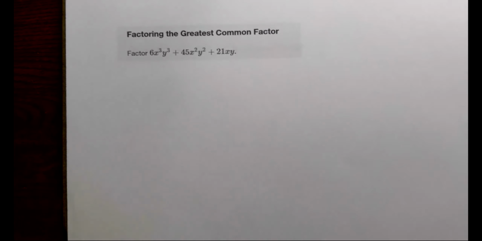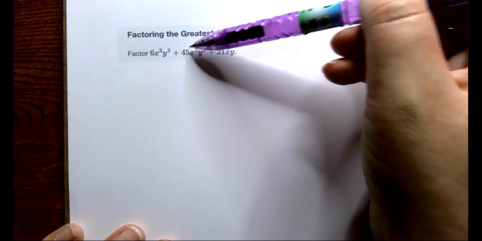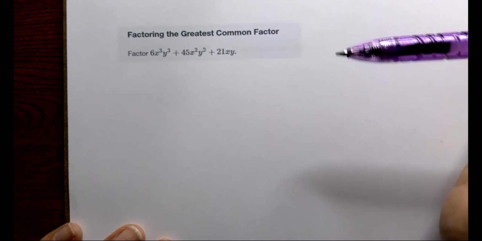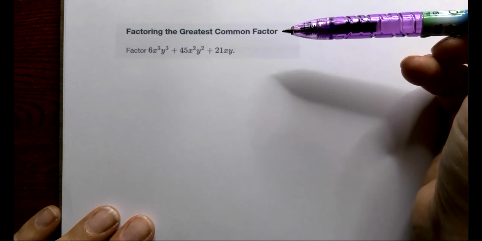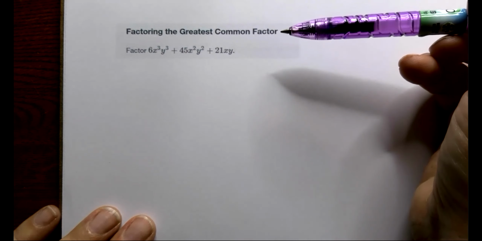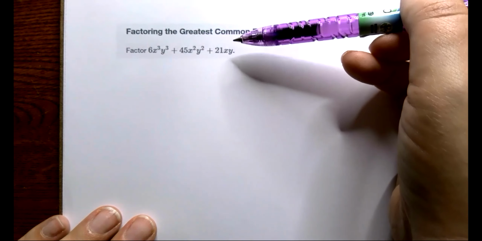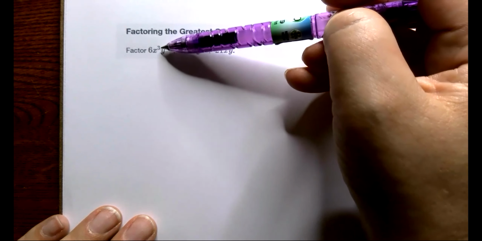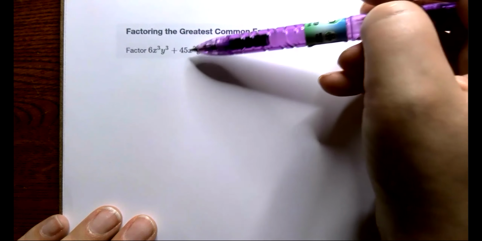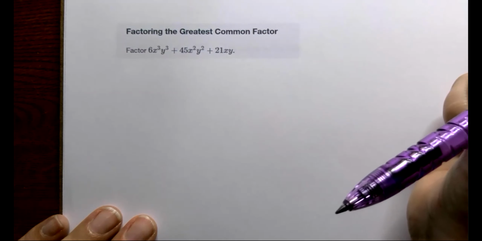So here we're looking at a polynomial, and if you count the terms, there's three terms, but the first thing that we need to check for is a common factor. And most people can just look at the terms and say, okay, yes, each one has an x term, each one has a y term.